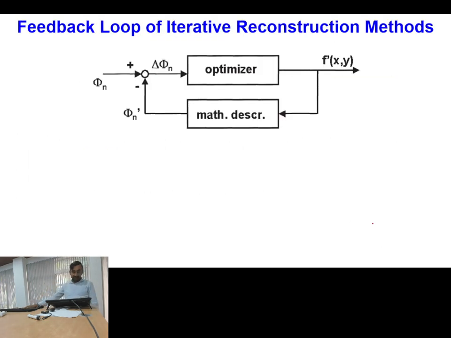Whenever we do the reconstruction, of course in a single go we will not get a precise output. So whatever my reconstruction algorithm has given as output, that output we send back through some mathematical descriptor as a feedback signal to the system, and then based on that feedback it gives a controlled signal, and we keep on optimizing it until my solution is converged.